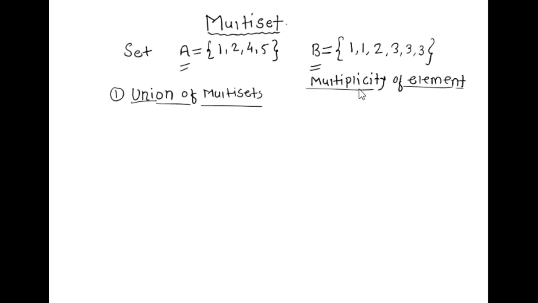So the multiplicity of any element in the multiset is number of times that element appears in the multiset.